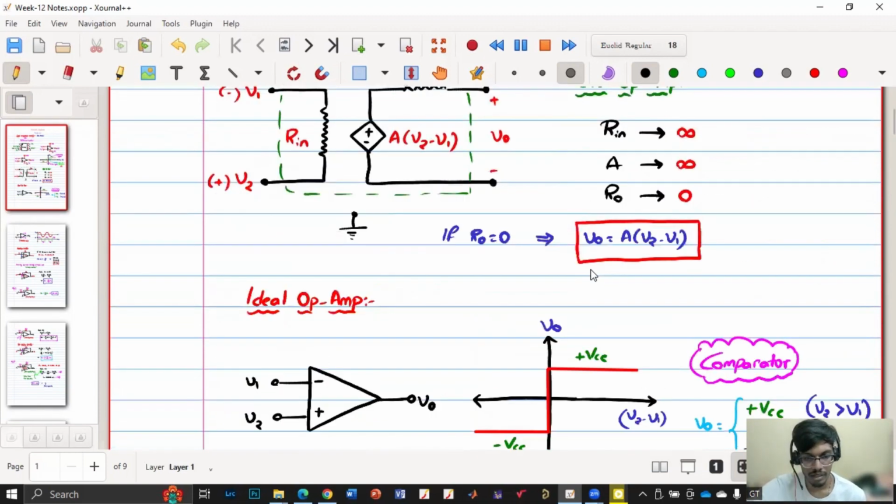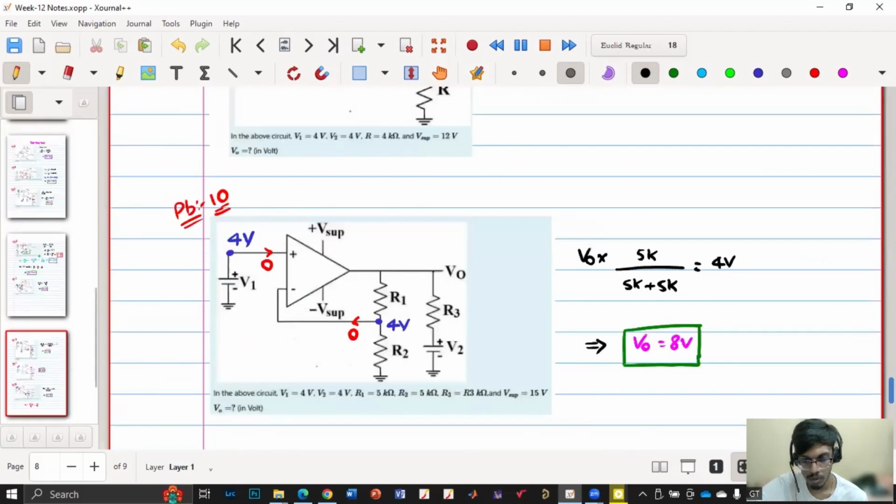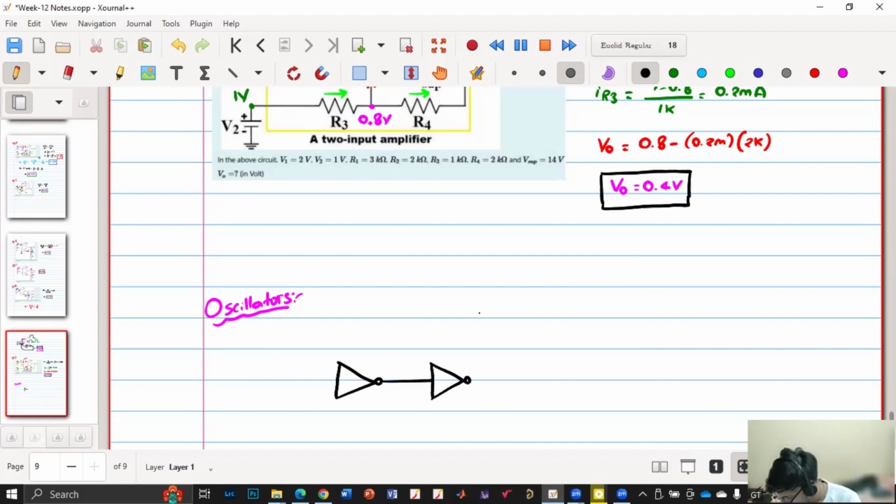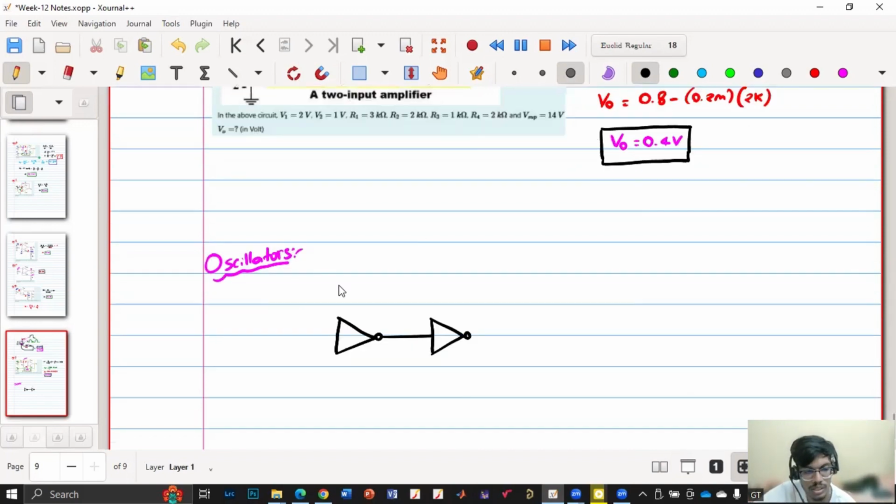And another thing that you said about oscillators. For oscillators they'll not use an op-amp, they'll use something called inverters, the CMOS inverter. They'll connect back-to-back inverters. I am saying positive feedback op amp oscillator.